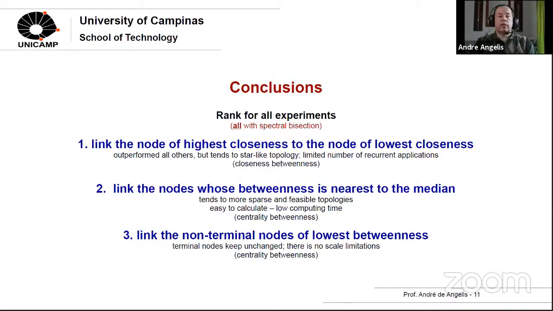The best strategy is exhaustive search in this case, because if we think about an established network, we know the points, we know the nodes and the edges. It's possible to perform an exhaustive search to look for the best position of the new edge.